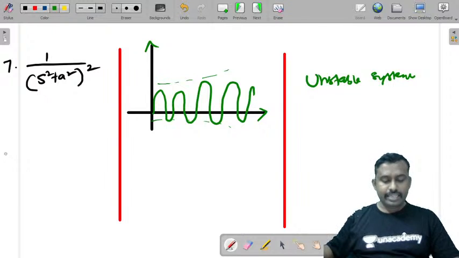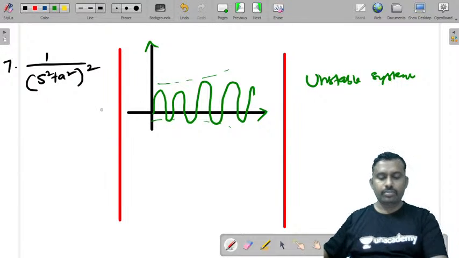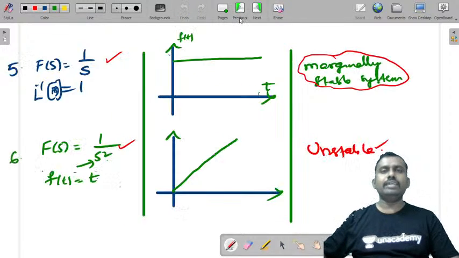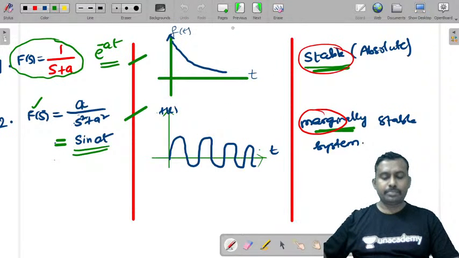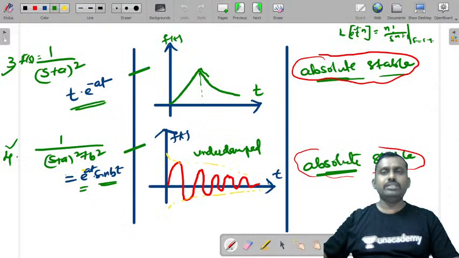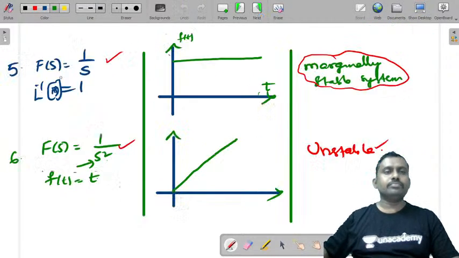Likewise, you have many other systems which are stable, unstable, marginally stable, depending upon the given transfer function. This is stable system, marginally stable system, absolutely stable system, absolutely stable system, marginally stable system, unstable system.